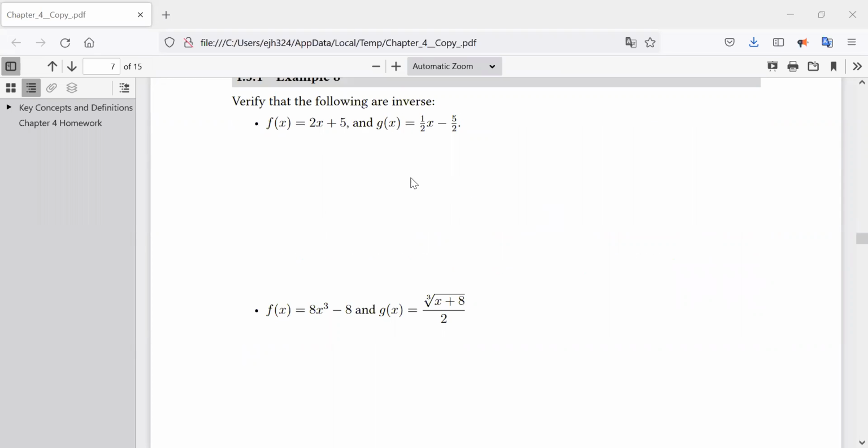So we want to verify that these guys are inverses of each other. So we can just do the composition, right?